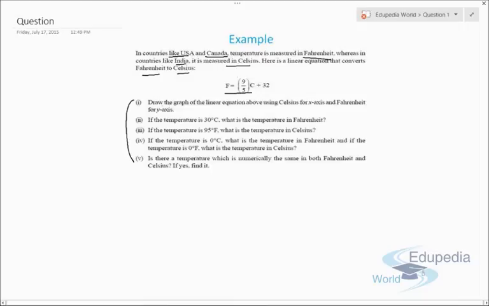The first part says that we have to draw the graph of the linear equation above using Celsius as the x-axis, which means we have to take Celsius as x-axis and Fahrenheit as y-axis, which means we have to take F as y-axis.